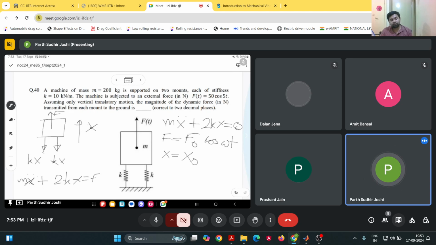So we assume the solution of the form a cos omega t plus b sin omega t as the particular solution, and then substitute it in this differential equation.